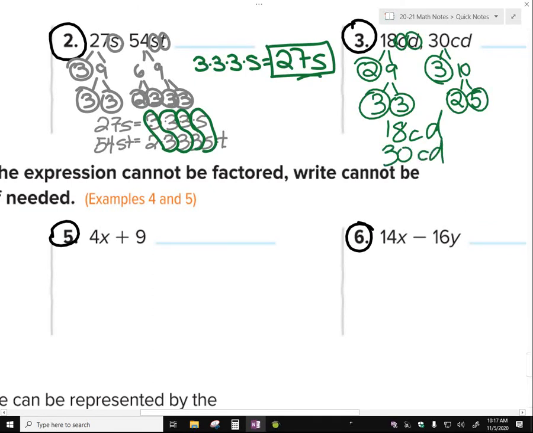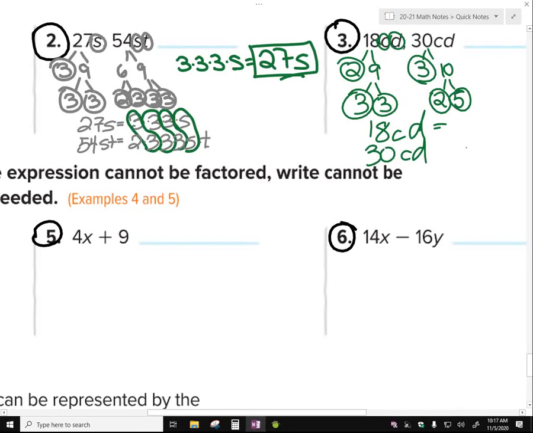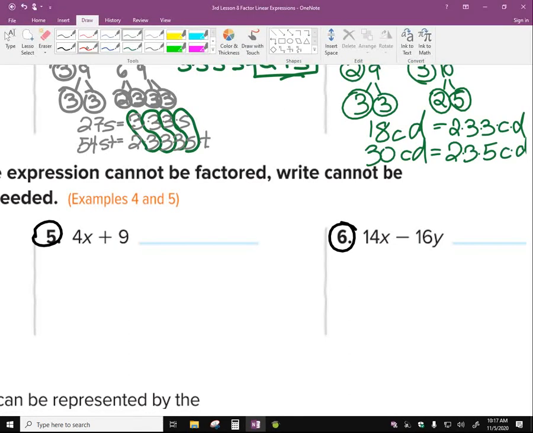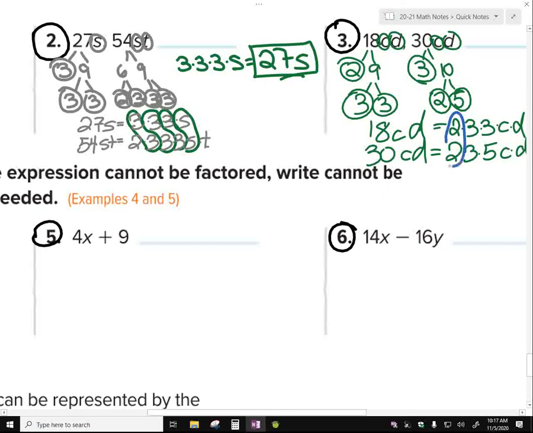It's twice. Okay. So once again, if you have a different factor tree, that's fine. But as long as you have the same factorization, you're correct. 2, 3, 3, C, D, 2, 3, 5, C, D. These guys are in common.